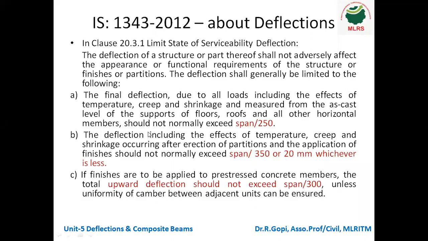Coming to the second point: the deflection including the effect of temperature, creep, and shrinkage occurring after erection of partitions and the application of finishes. What is the difference between the first and second points? The first point mentioned final deflection, that means short-term and long-term deflection.